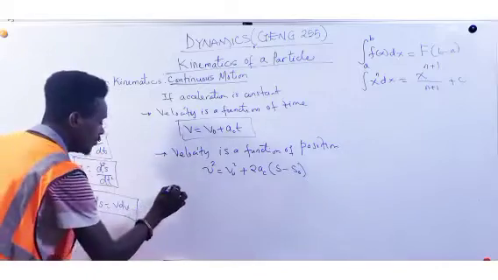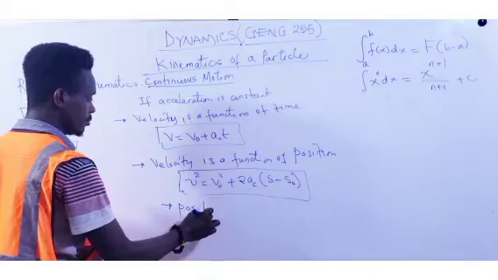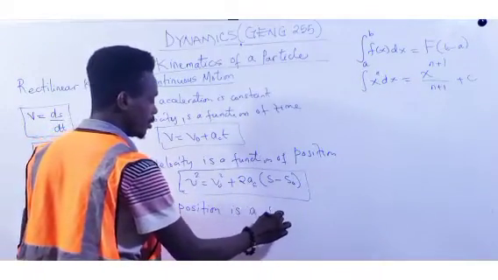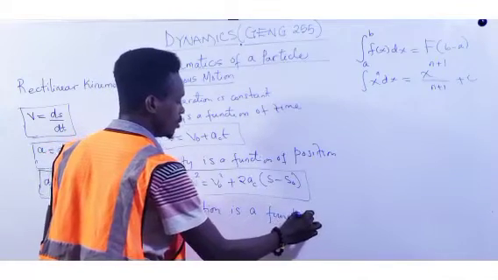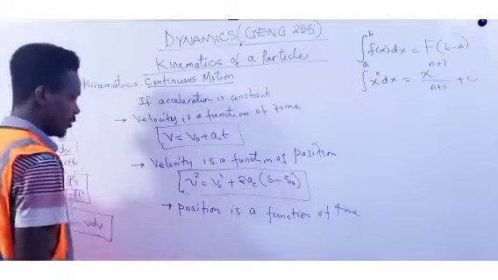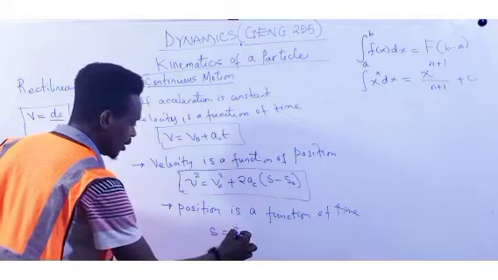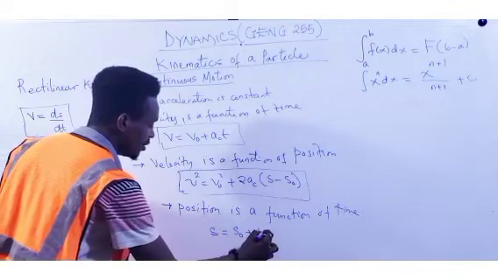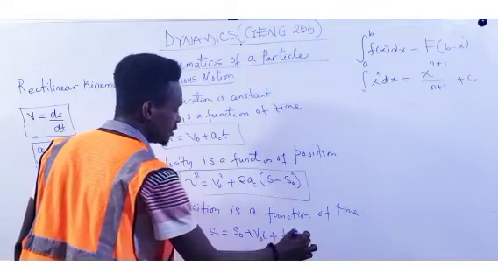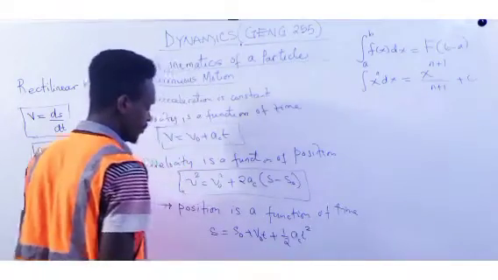Again, the position is a function of time. Then our equation will be s is equal to s naught plus v naught t plus half ac t squared.